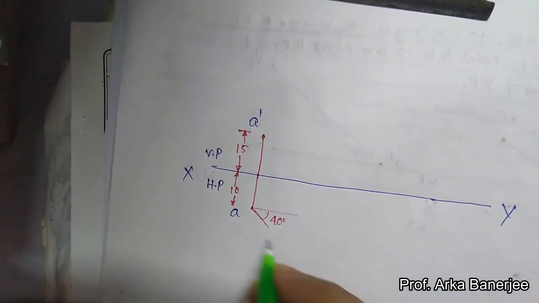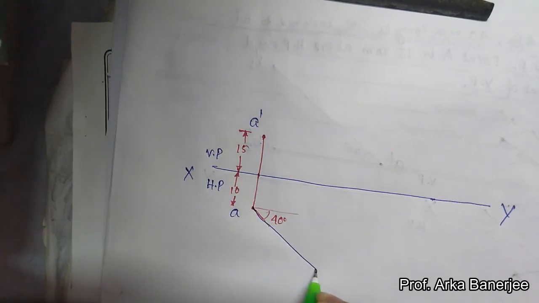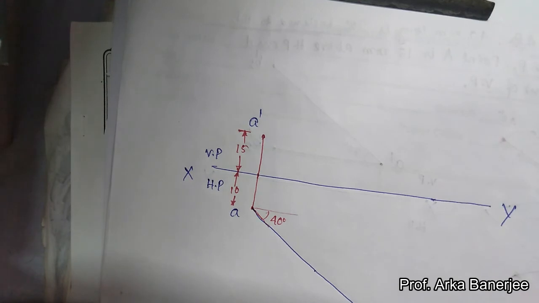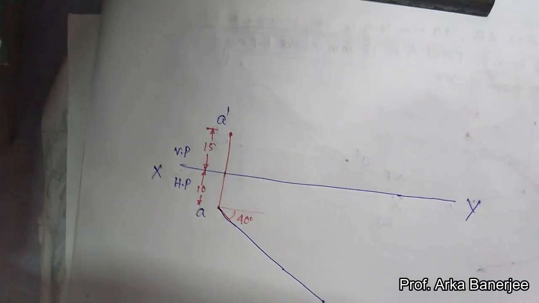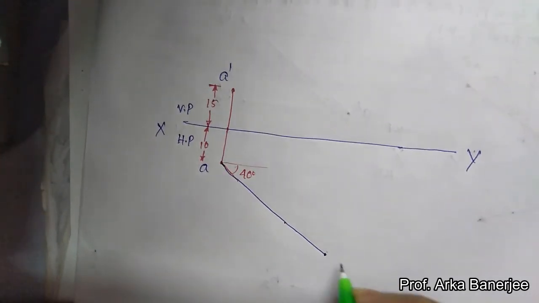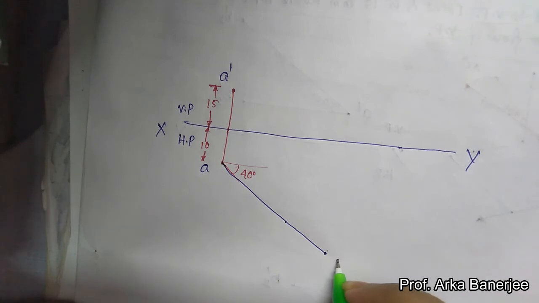And what will be the length of the line? Length of the line is given in the problem, 40 millimeter. So 40 millimeter long line, and this is B1, mark it as B1.